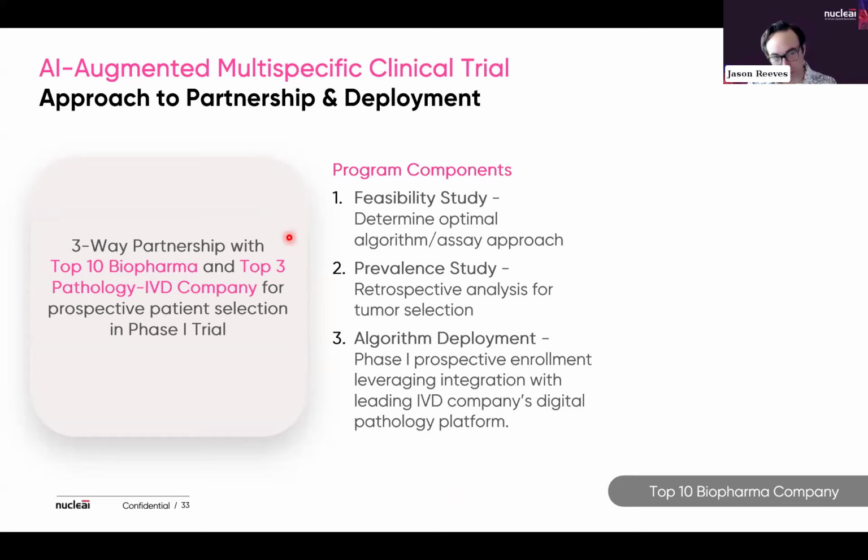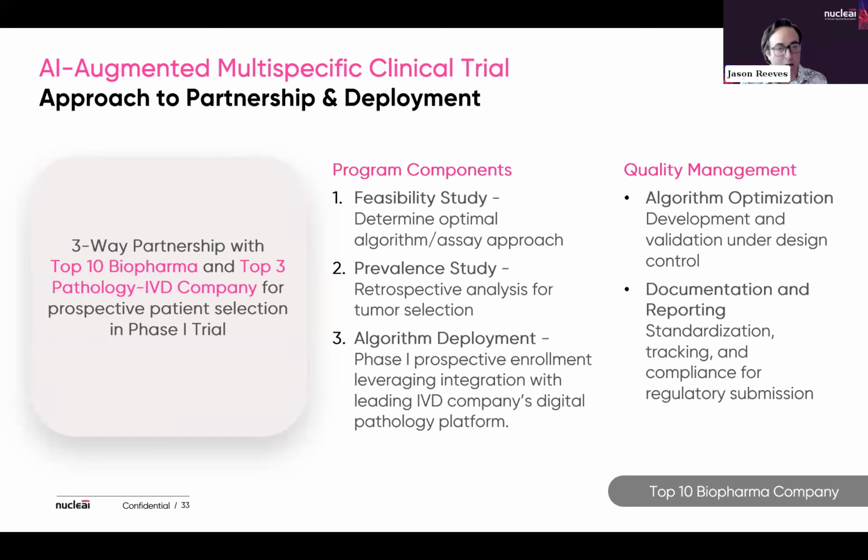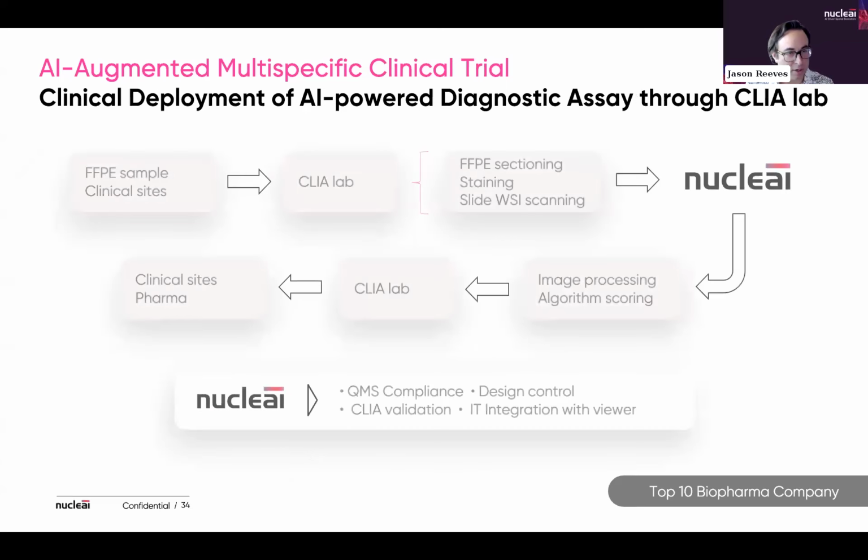We created a feasibility for the specific model, ran a prevalence study like you would do with developing the actual assay itself, and deployed a QMS-regulated model that has been validated in parallel to the assay for the clinical trial itself. And so we built out a framework for not just building these algorithms, but capturing the regulatory requirements and reporting requirements necessary to implement these into clinical trials.